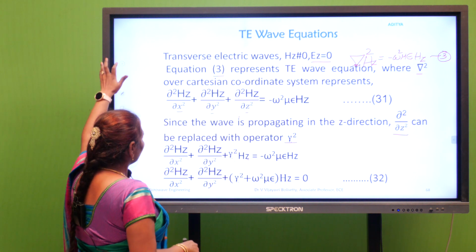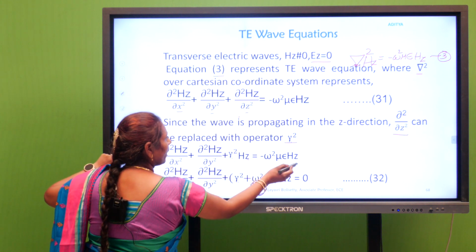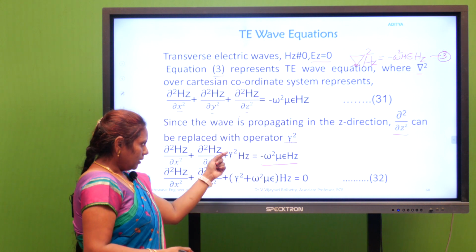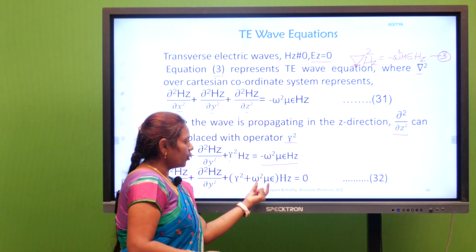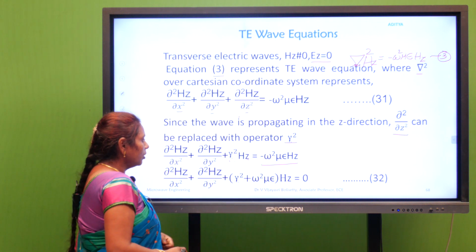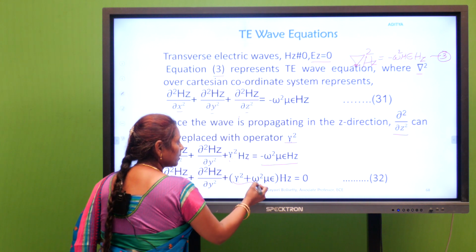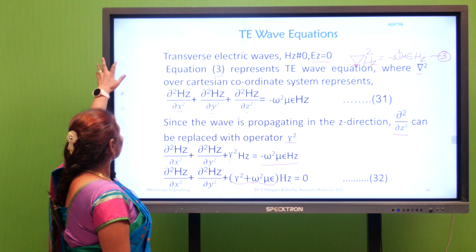Now if you bring this minus omega square mu epsilon Hz to this side, you will get gamma square plus omega square mu epsilon times Hz is equal to 0, and we consider gamma square plus omega square mu epsilon as a constant.